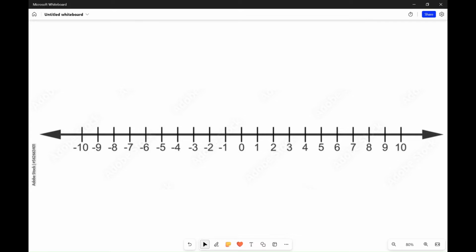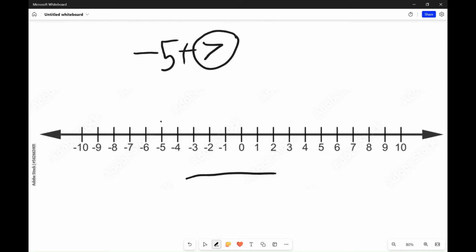Now, let's try this equation. Negative 5 plus 7. So, we start at negative 5, and because 7 is positive, we go to the right, because positives from 0 go towards the right.